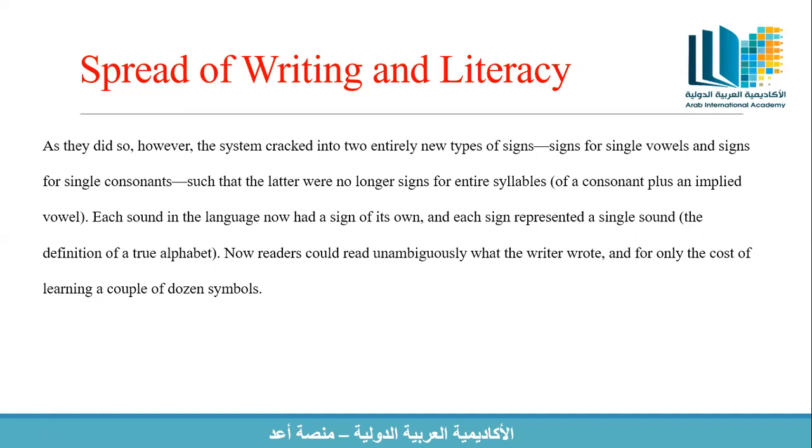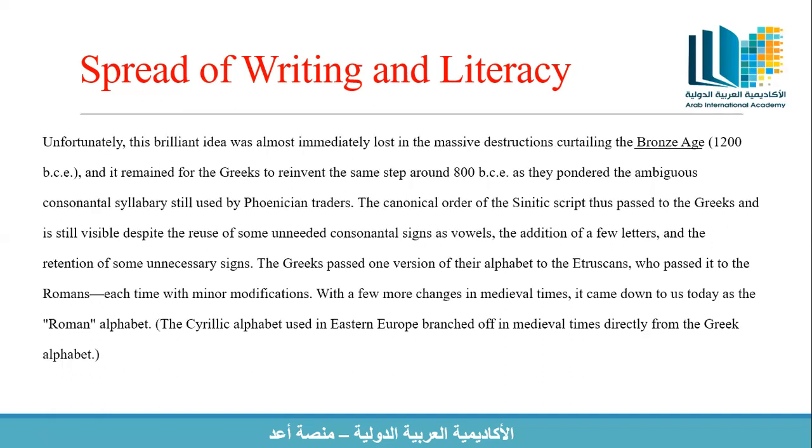Now, readers could read unambiguously what the writer wrote, and for only the cost of learning a couple of dozen symbols. Unfortunately, this brilliant idea was almost immediately lost in the massive destruction of the Bronze Age, and it remained for the Greeks to reinvent the same step around 800 BC as they pondered the ambiguous consonantal syllabary still used by the Phoenician traders.